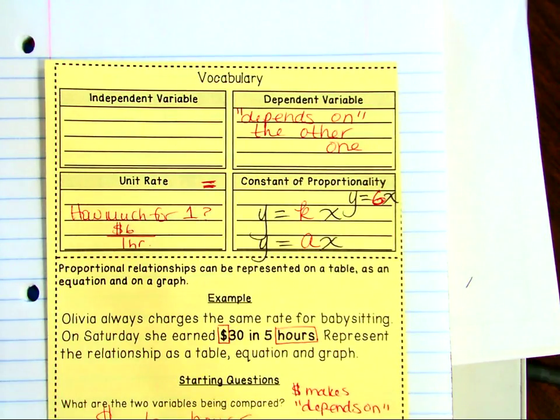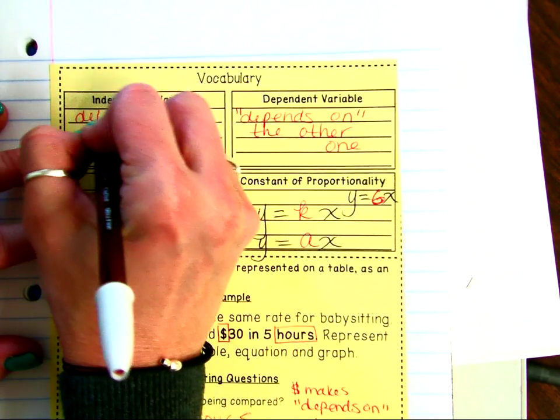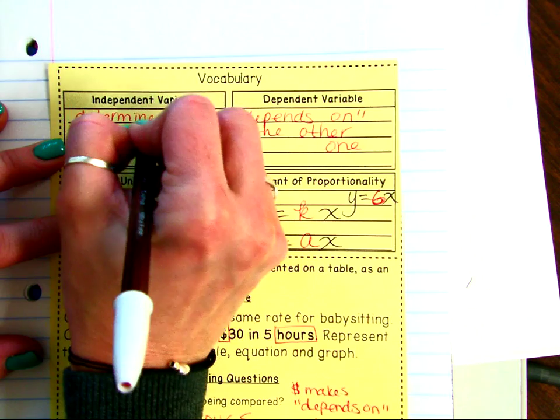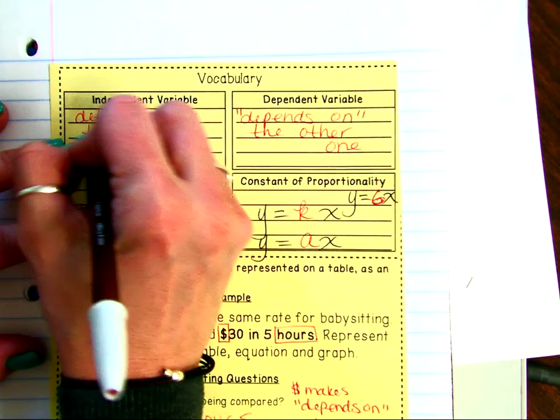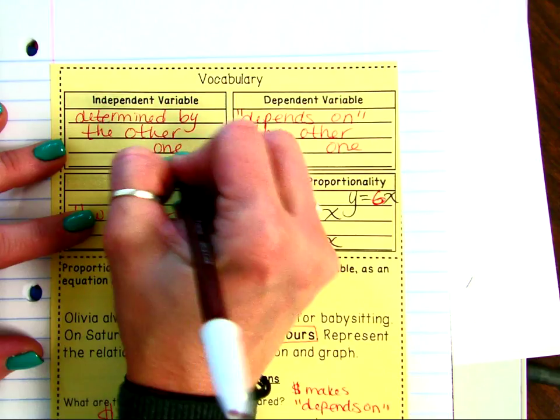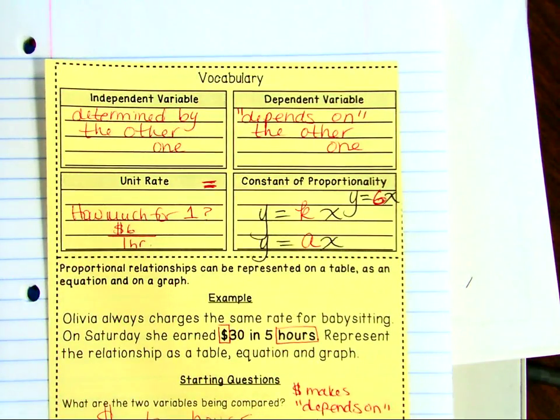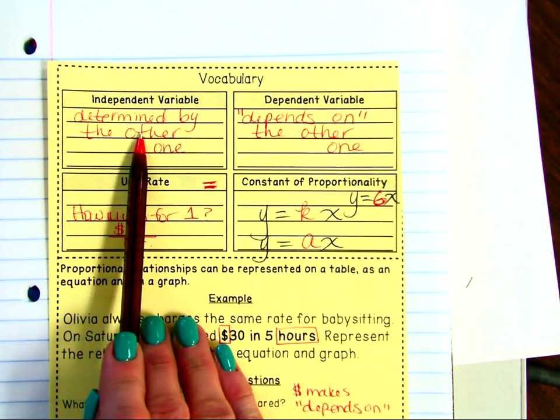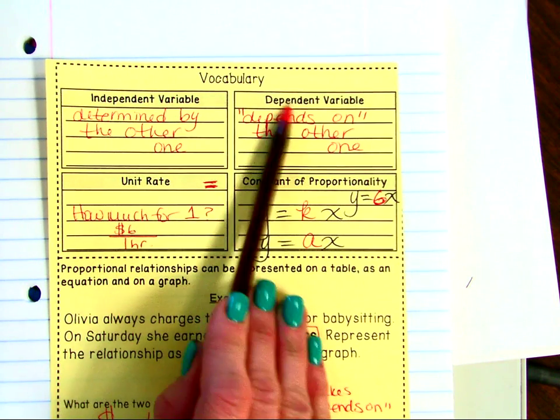And then if the dependent depends on the other one, the independent is determined by the other one, the other variable. Here's what I mean by that. While you're writing it, do your best to copy and listen. The amount of money that they make is going to depend on how many hours, okay?